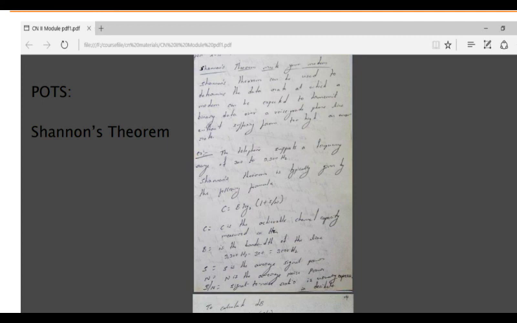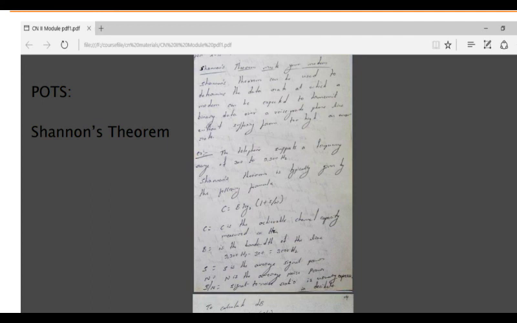So here one particular formula is defined: C = B log2(1 + S/N).